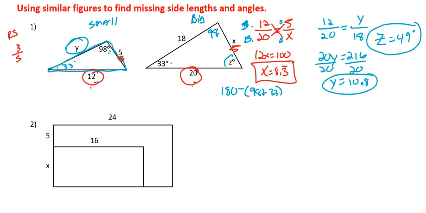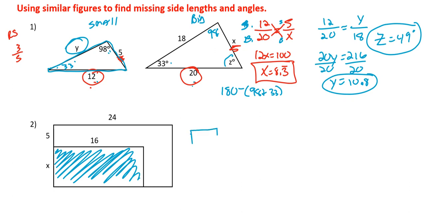So for this problem, what you should see this as is two separate rectangles. I like to tell students to take a second to separate it. It doesn't matter what the size looks like, that's not important. But this is the small one here where this is 16 and this is x. And then the bigger rectangle is this whole thing here.